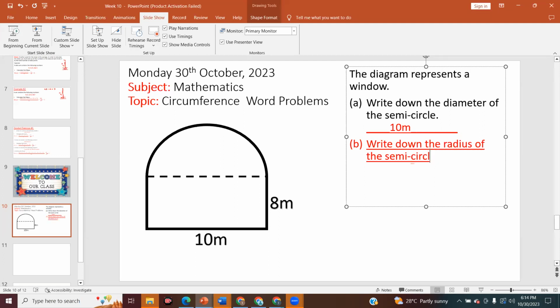Put your answers inside the chat, please. Write down the radius of the semicircle. What is the radius of the semicircle? Is Pelican there?